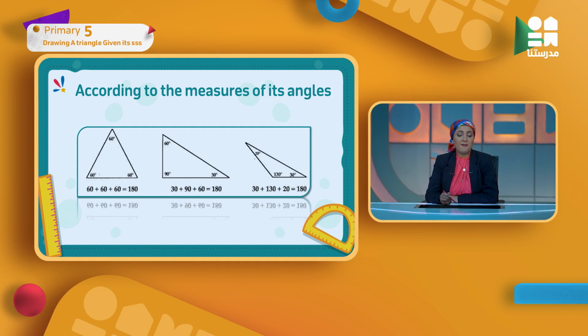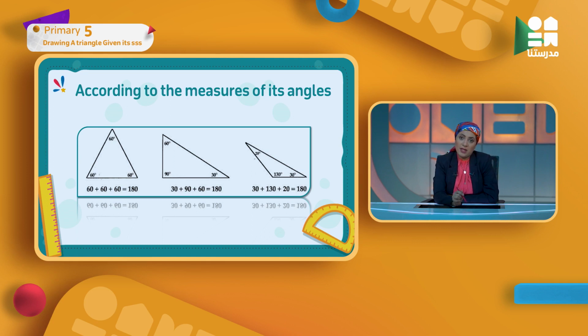First, here we have an example for the 3 types of triangles according to their angles. The first one here, as you see, is an acute angle triangle because the angles inside are smaller than 90 degrees. As long as the 3 angles are smaller than 90 degrees, this is an acute angle triangle.